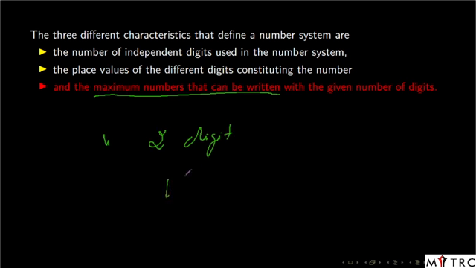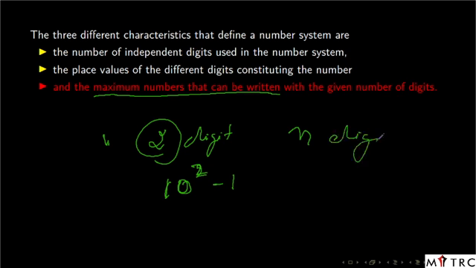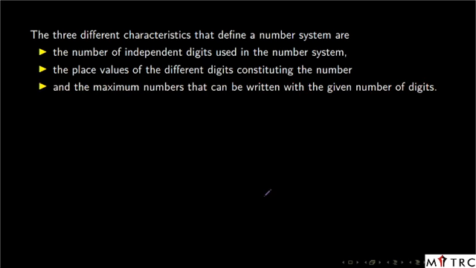It will be 10 to the power 2 minus 1, because we are using two digits, so the exponent is 2. That is 99. So with two digits our maximum number is 99. For n digits, the maximum number represented in the decimal system is 10 to the power n minus 1. So that is the maximum number that can be written.